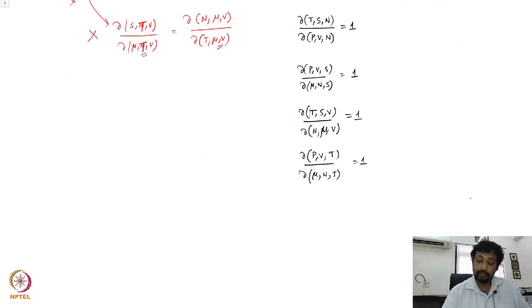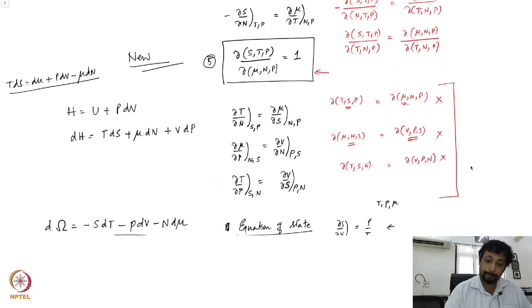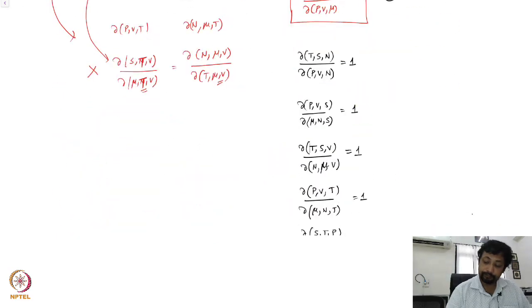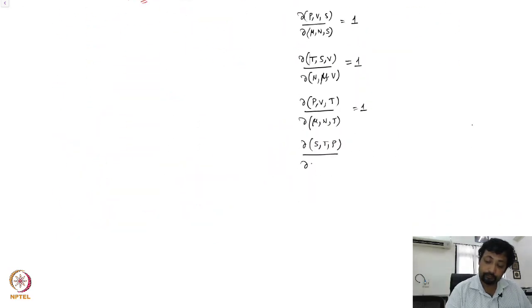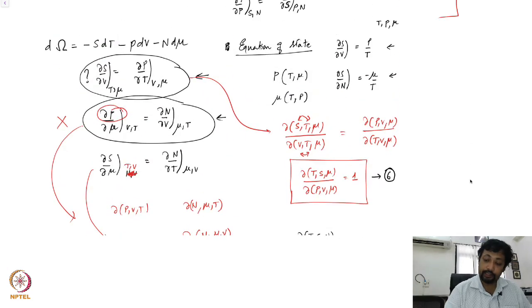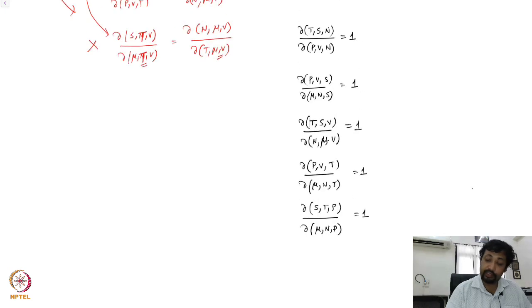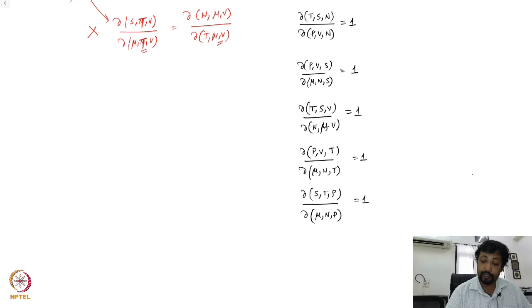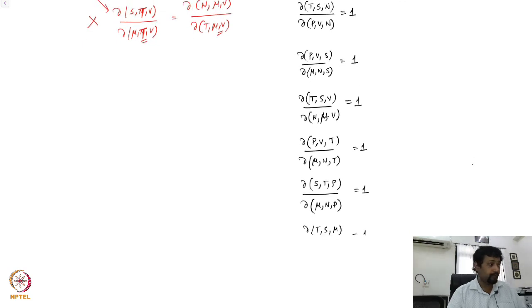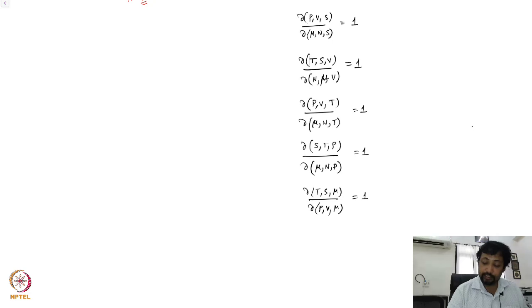The fifth one is ∂ of S T P and μ N P, is equal to 1, and the sixth one is ∂(T,S,μ) over ∂(P,V,μ) is equal to 1. So these are the 6 independent Maxwell's relations that you have for a hydrostatic system. Right? We are going to end our lecture here and continue with it later on.